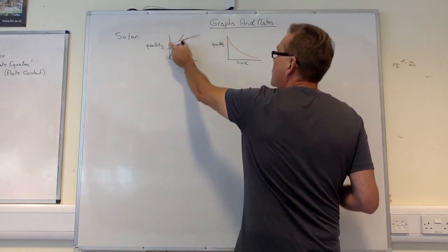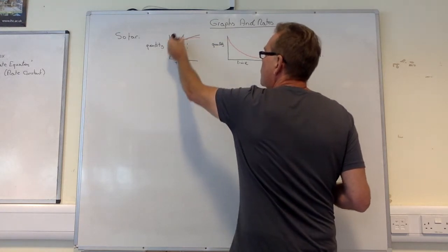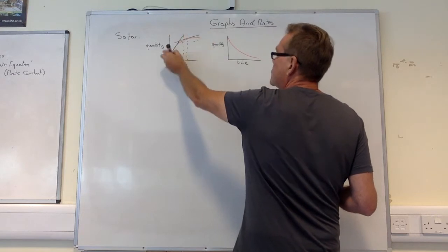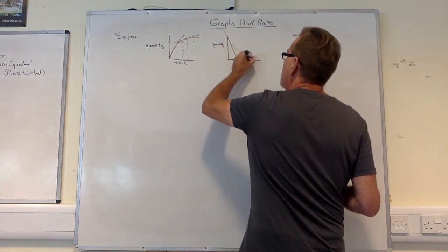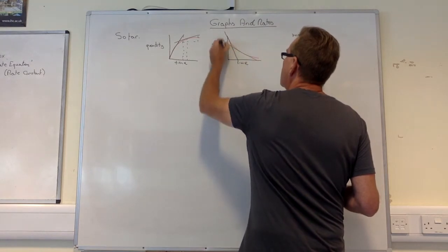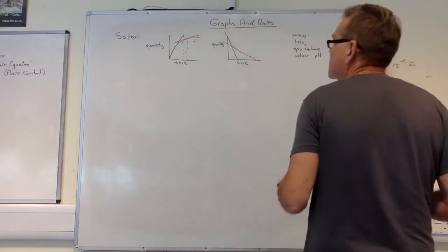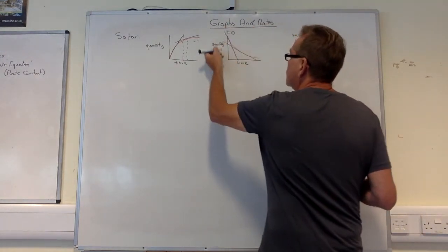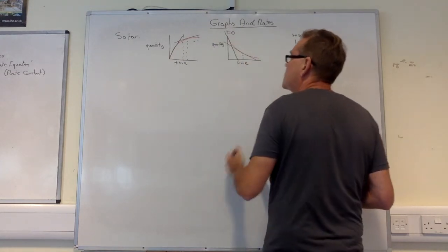The rate will decrease by doing the gradient of that tangent, or any tangent along that curve. Likewise with this, you can do the gradient there. It'll give you a negative gradient, but it's a value of the rate. Ignore the fact it's negative. So that will give you t equals 0, your initial rate, or whatever time that is.